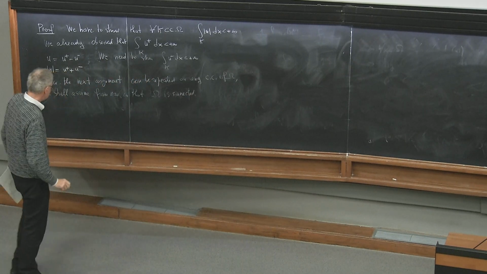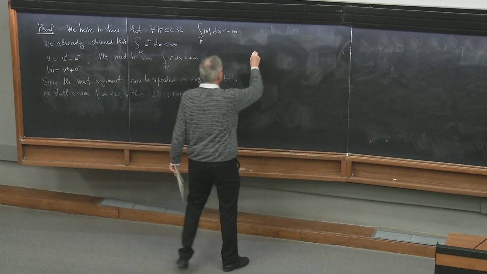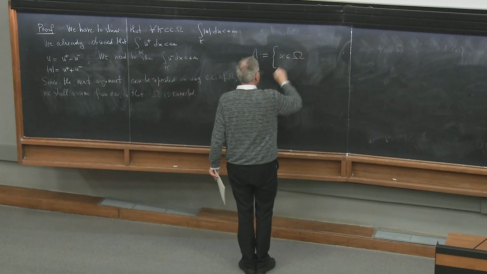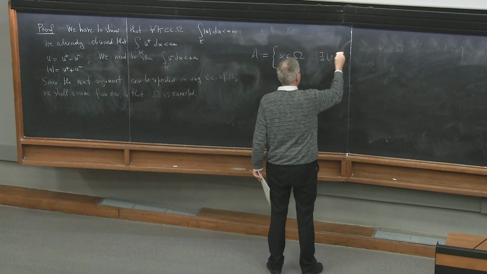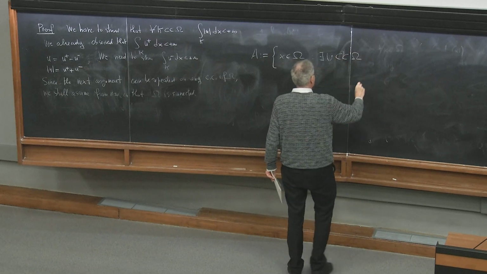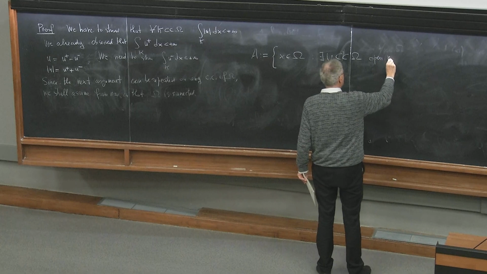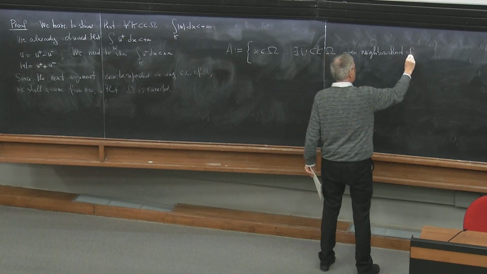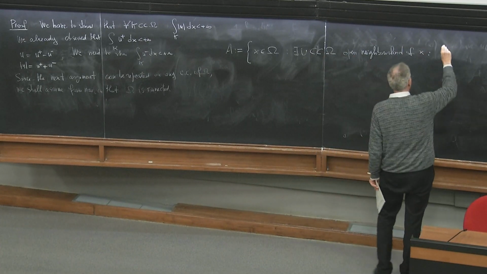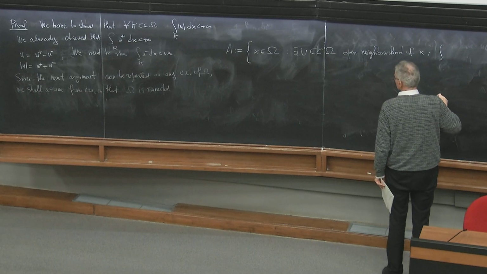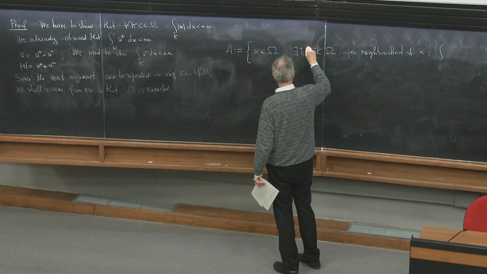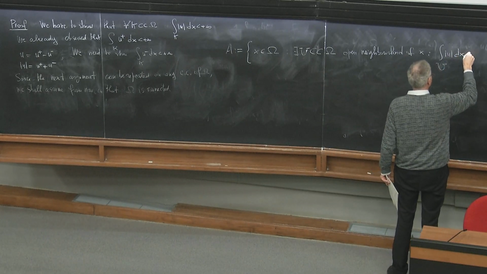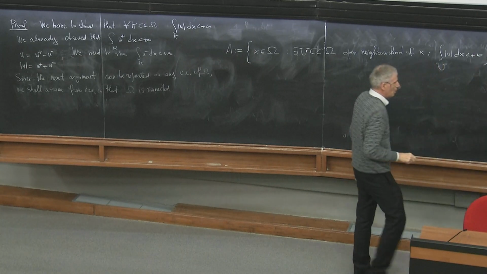Okay, so now introduce a subset, call it capital A. There exists a neighborhood of x such that capital U is in L1 loc.